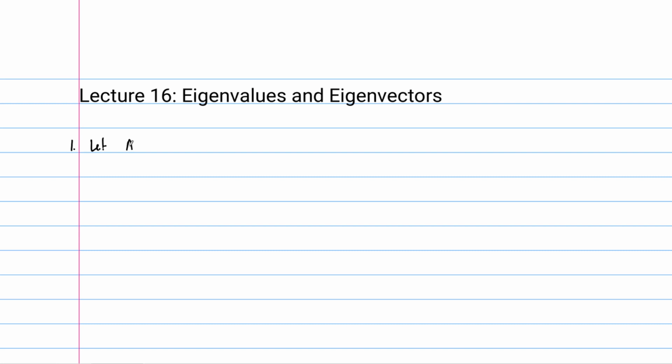So for this, let A be a square matrix in R^(n by n). And the following is going to be the definition of the eigenvalue.